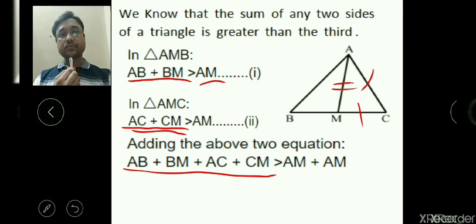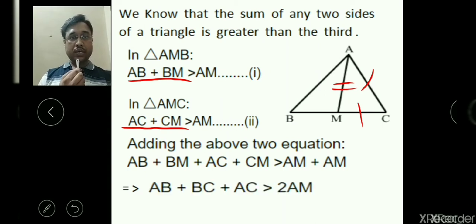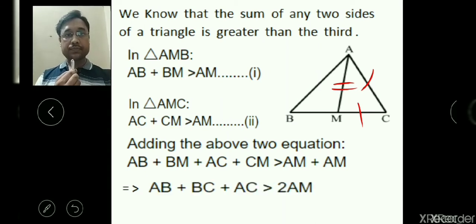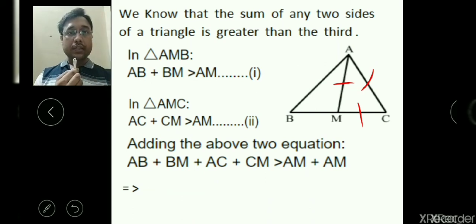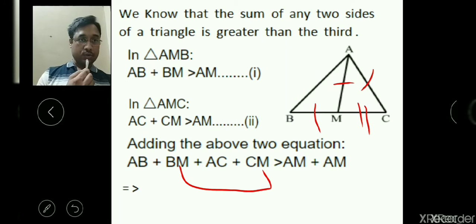Now next, we have to solve this. What we are doing here: these two terms BM and CM add, BM plus CM, that will give the total length BC.